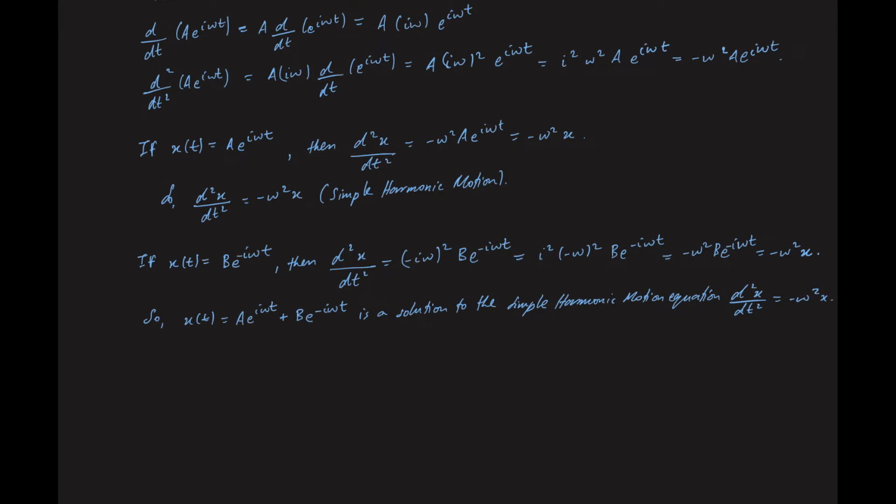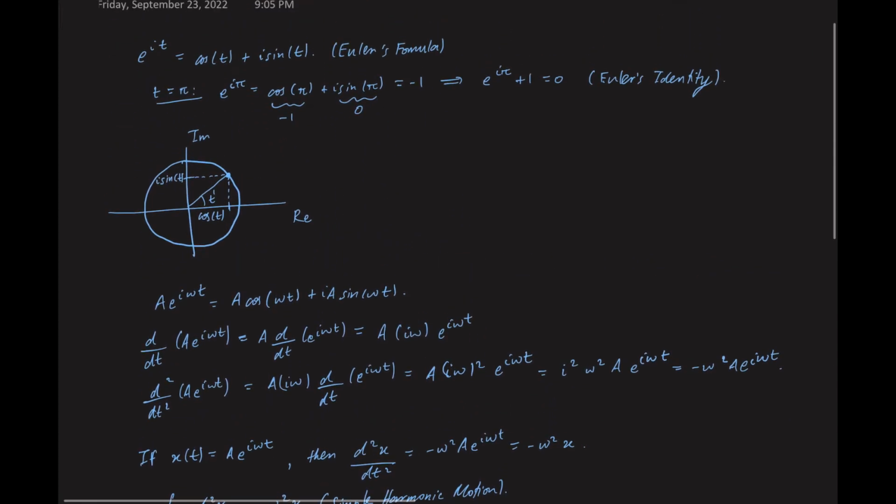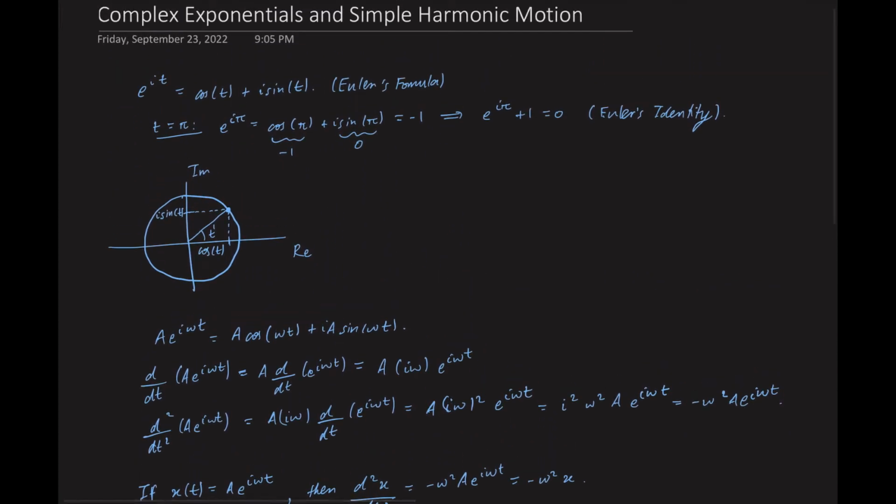Now, this is great. You might be more accustomed to seeing the solutions to simple harmonic motion in terms of cosines and sines. Now, recall Euler's formula. It relates the complex exponential to cosine and sine terms in the complex plane.